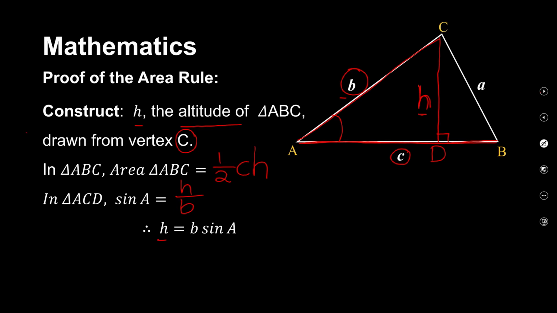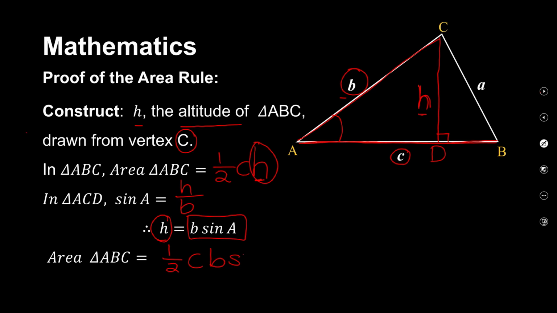Now we're going to take this value for H and substitute it into the formula that we wrote originally. So we're going to have half c, and instead of putting H in, we're going to put in what we found for H, which is b sine A. Can you remember what we were trying to prove?